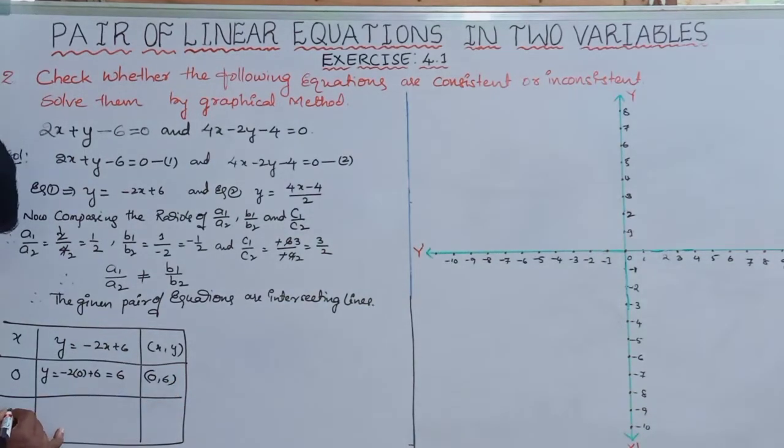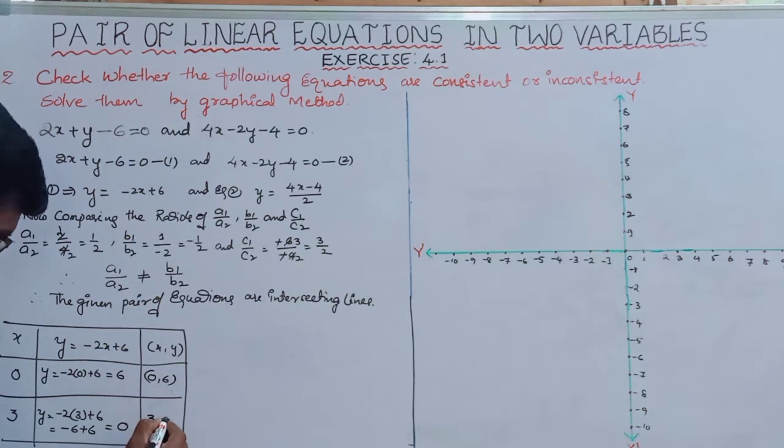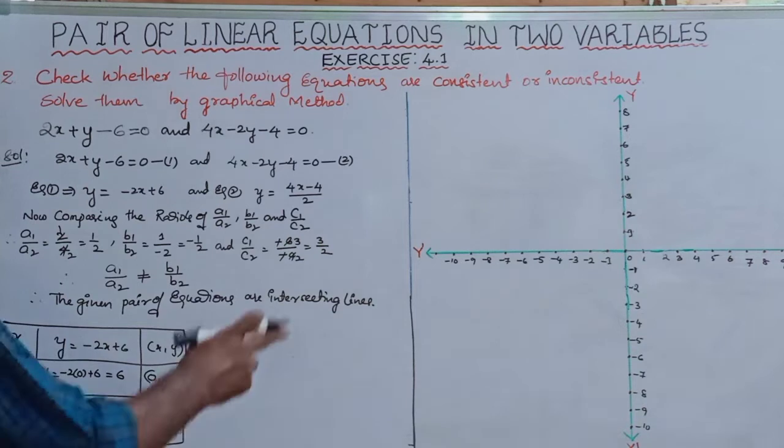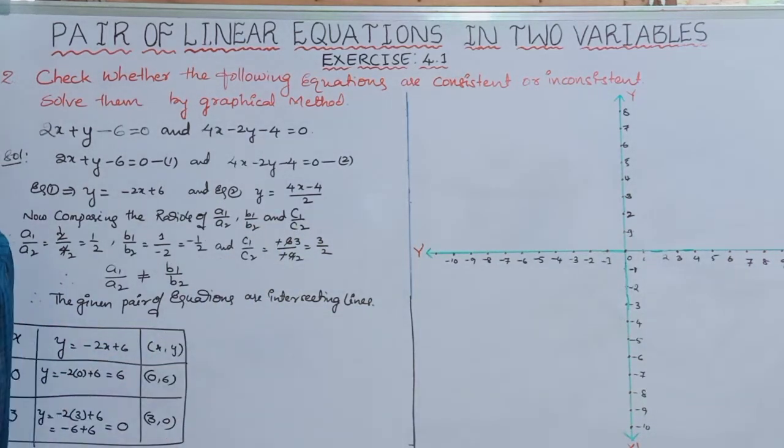If x is equals to 3, then y is equals to minus 2 into 3 plus 6 is equals to minus 6 plus 6. It will be equals to 0. The point is 3 comma 0. These 2 points are plotted in the graph.